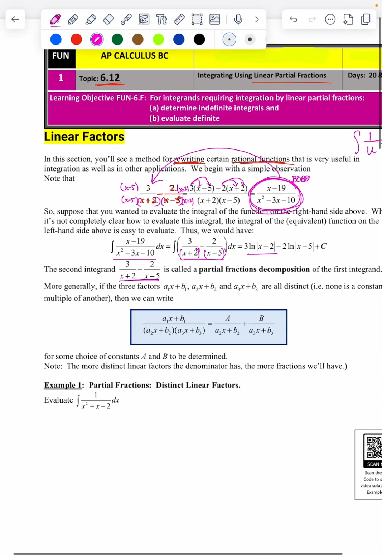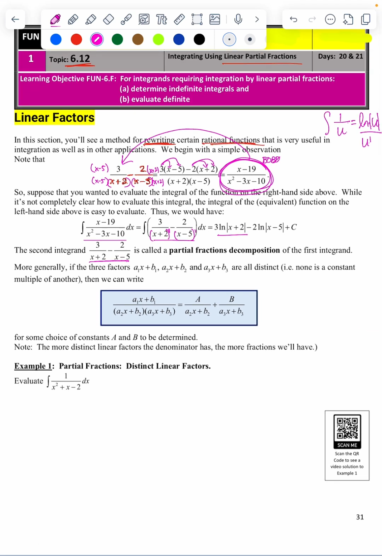More generally, if the factors ax plus b, and ax plus b, the different factors, are all distinct, none is a constant multiple of the other, right? You have linear factors. That is important.